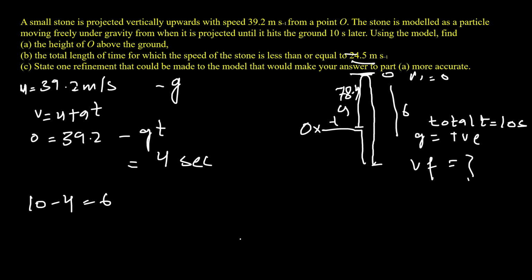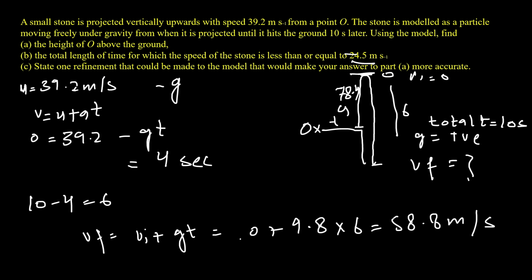Okay, so final velocity Vf is equal to Vi plus gt, which is equal to 0 plus 9.8 times 6, which is equal to 58.8 meters per second. So the total distance from here to here can be found using the third equation of motion. 2gs is equal to Vf squared minus Vi squared.